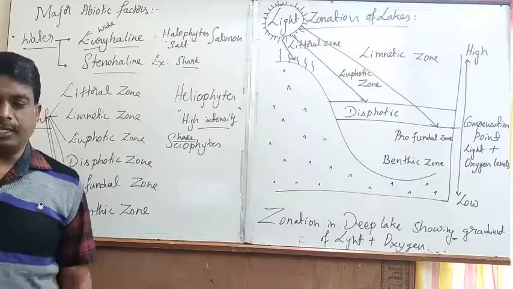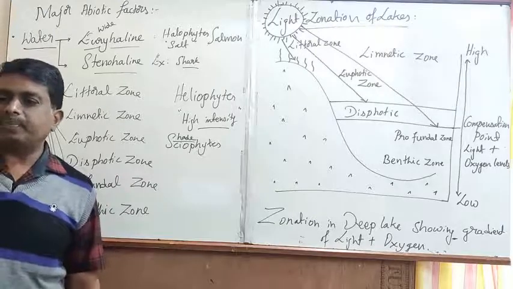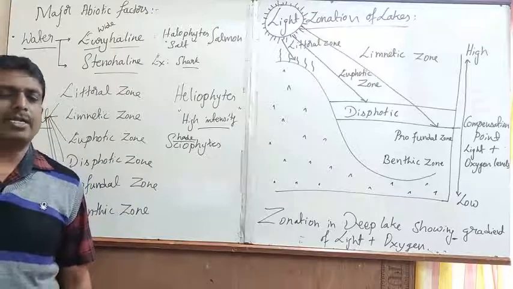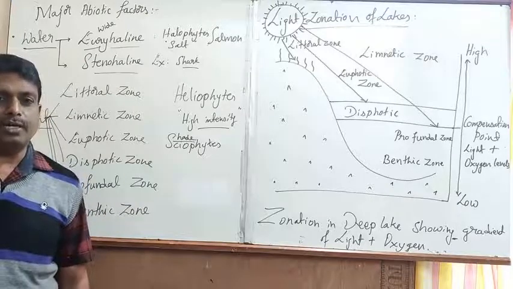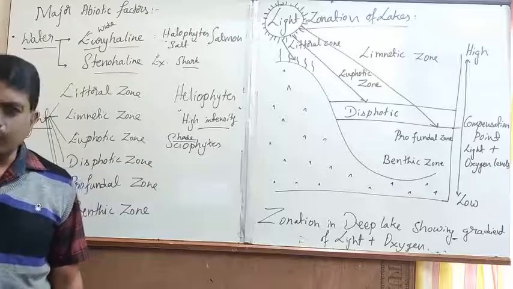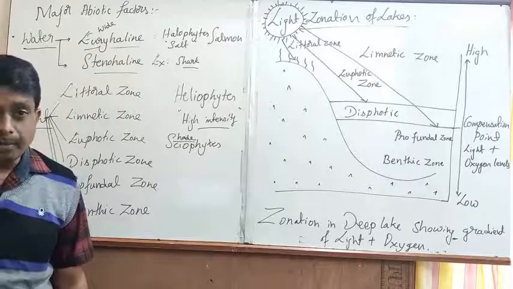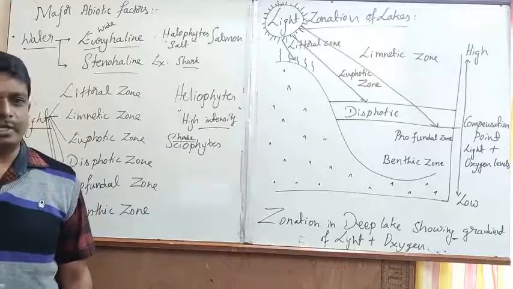In the forest ecosystem, because of the presence of top canopy trees, or tall trees, very low intensity of sunlight reaches the bottom of the forest floor.